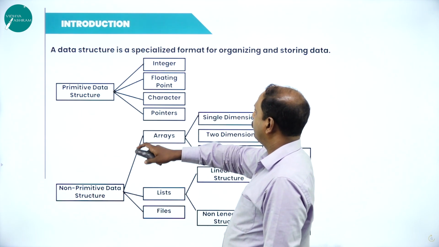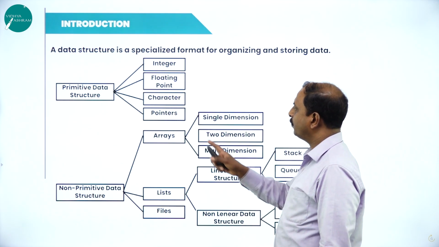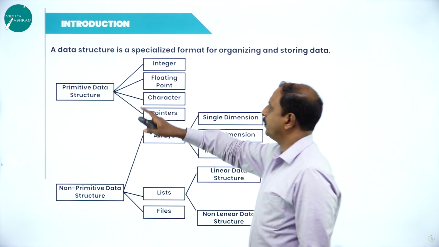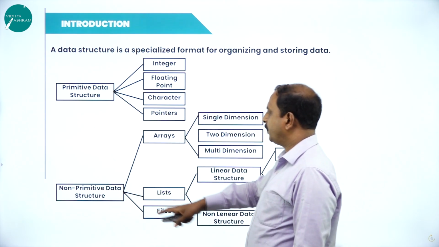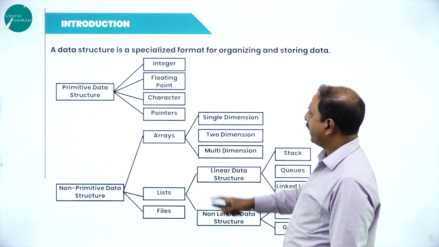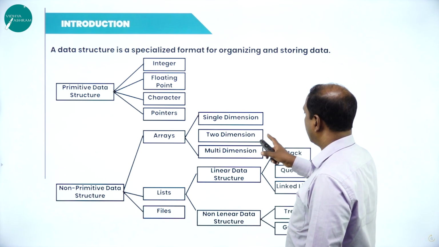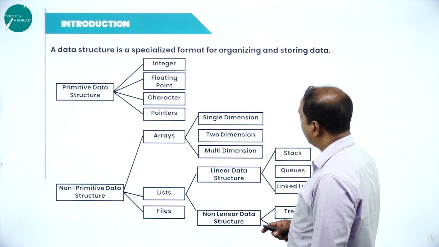Under primitive, we have integer, floating point, character, and pointers as the primitive data structures, and non-primitive data structures are arrays, lists, and files. Under arrays, we have single dimensional array, 2-dimensional, and multi-dimensional arrays.